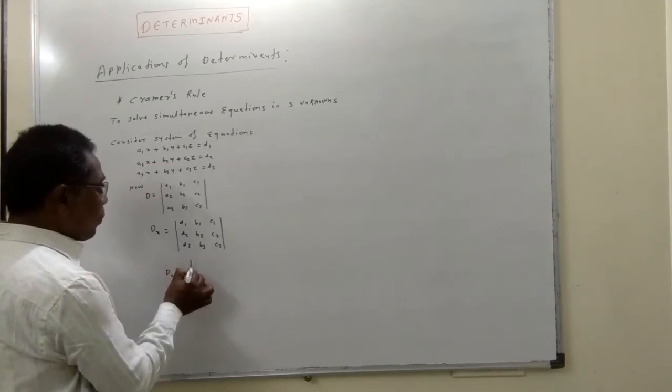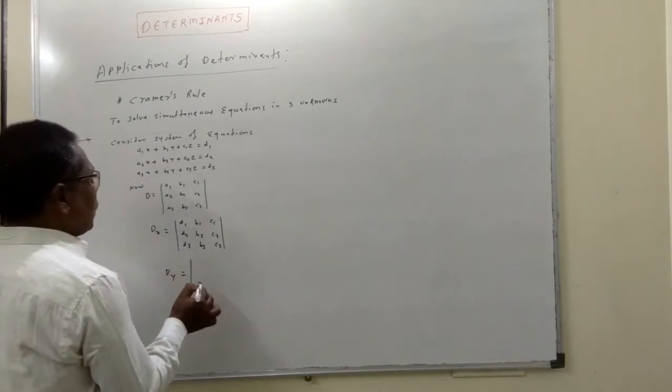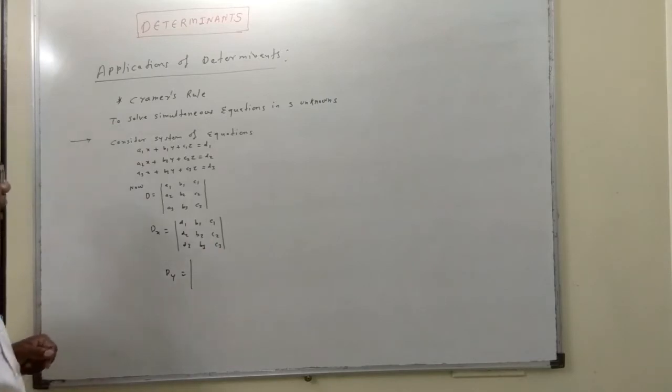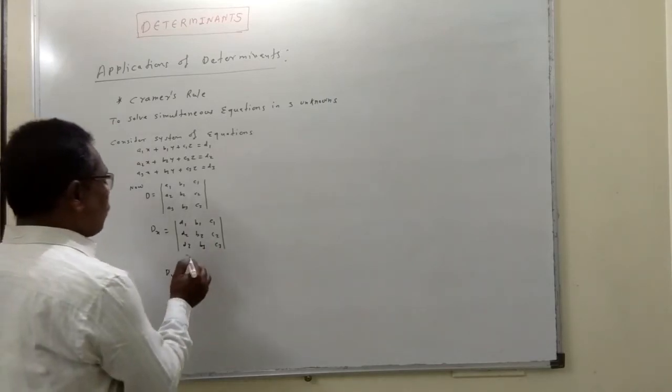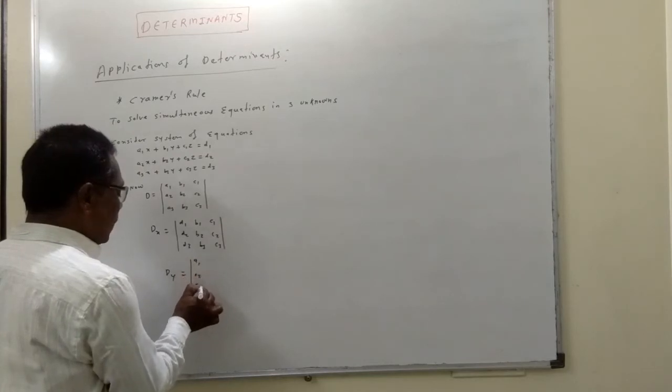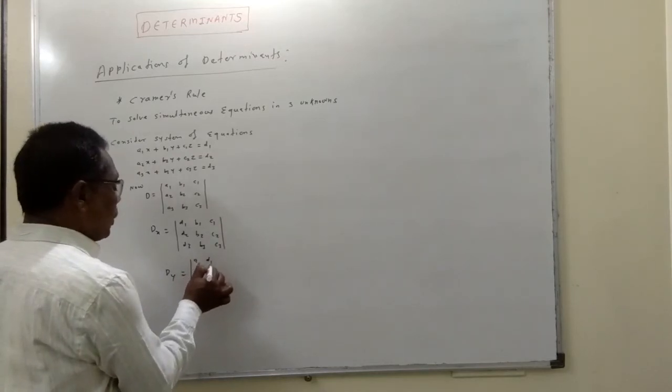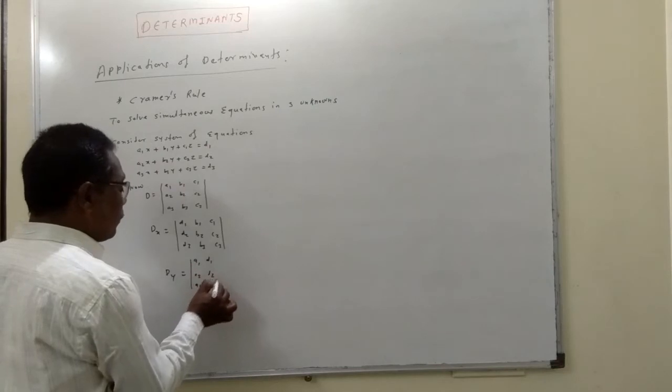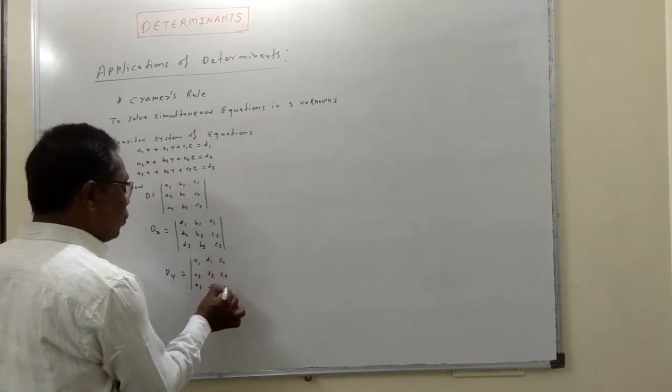Dy is equal to, we get determinant. Now when we find Dy, we replace second column, that is coefficients of y by constants in D. So a1 a2 a3, now here we replace, so d1 d2 d3, c1 c2 c3.